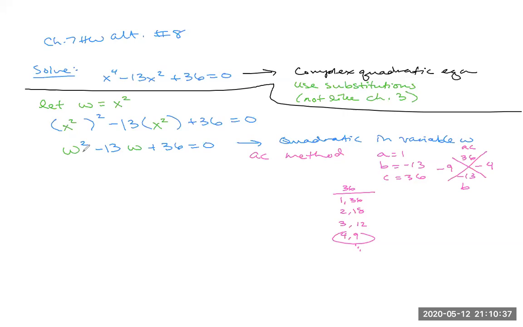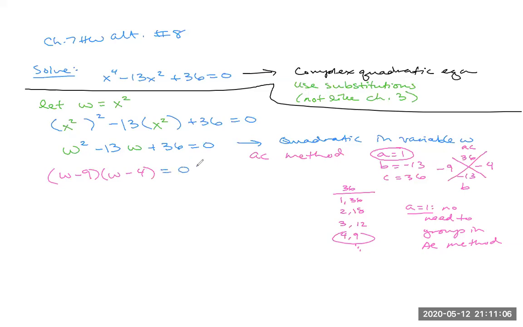So for this, we actually have our factors. Since A is equal to 1, we don't need to use grouping. So what we get for our factors, excuse me, W minus 9, W minus 4.